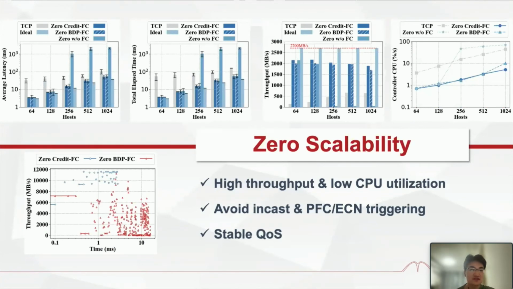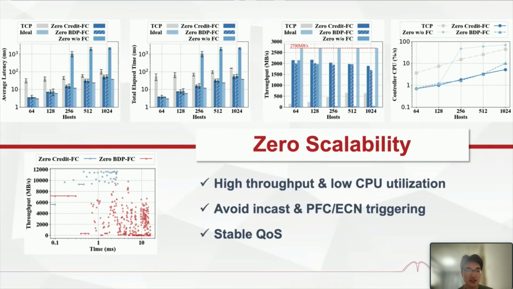This slide gives the results on large-scale distributed monitoring. First, we observe that Zero achieves much higher throughput and lower latency compared with the traditional TCP baseline. Besides, it also avoids incast and triggering PFC or ECN with credit-based flow control.